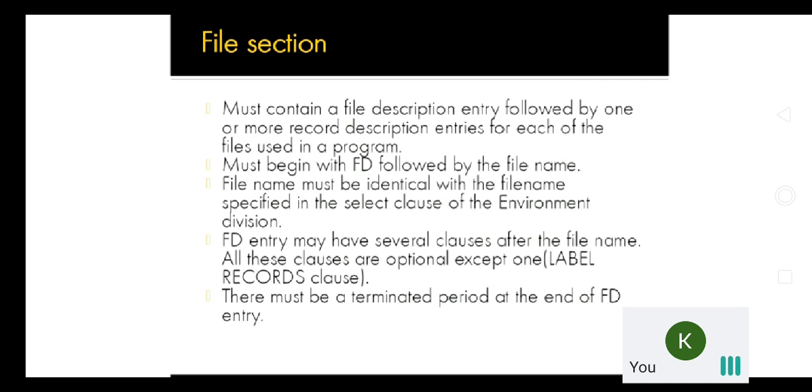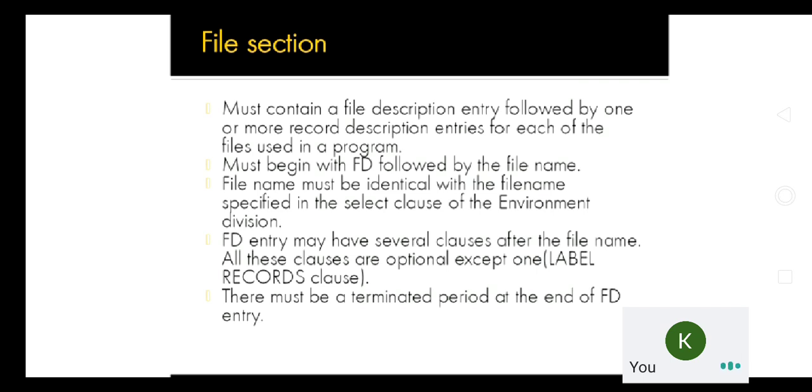Okay, the next one is the file section. The file section is a most important one. Whenever you are going to use a file within your program, while using those file concepts, surely we need this file section. Without this particular file section, we won't be able to use the file within your program.